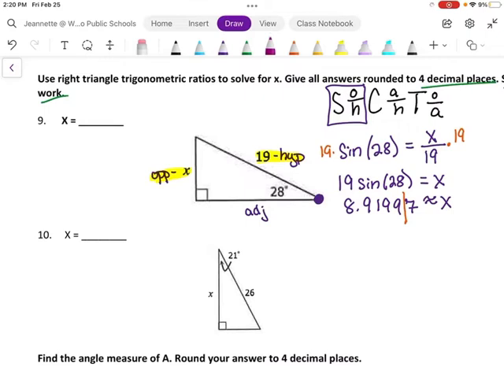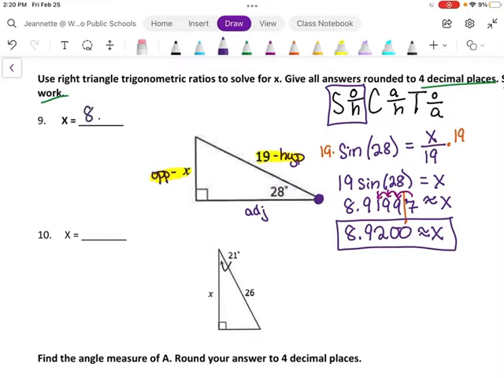And when we do that, this 7 causes us to round that up to a 10, which would cause this to round up to a 10, which would cause that to round up to a 2, which would make this 8.9200 is about equal to x. I don't think the rounding will be quite that complicated on the test, but it's always good to do those practice problems just so you know you are still working on improving those skills of rounding.